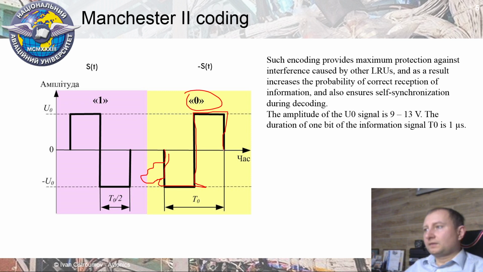At the level of signal, we can say that logical 1 signal is opposite to 0.